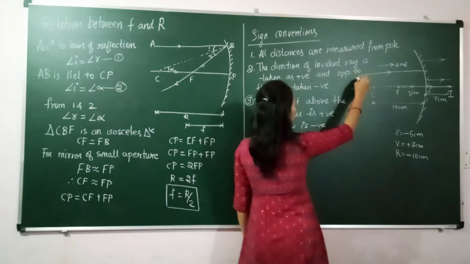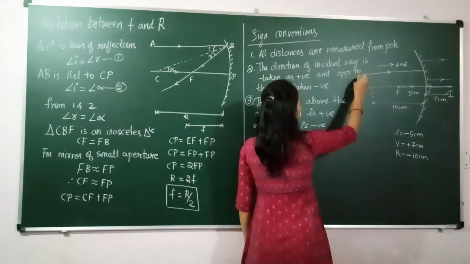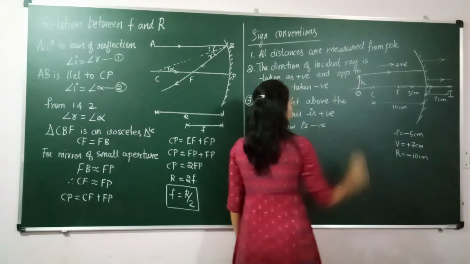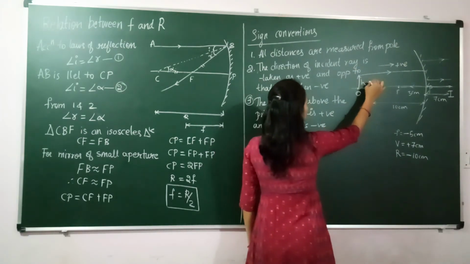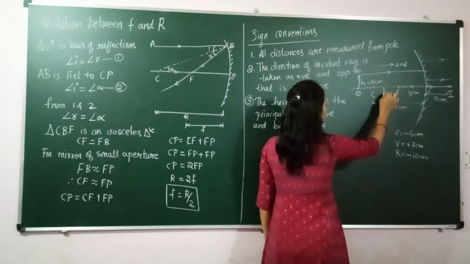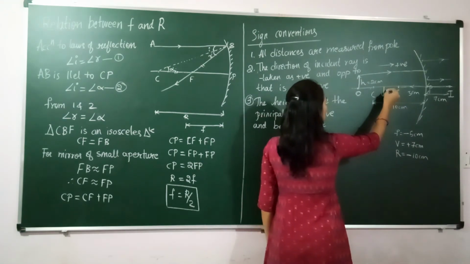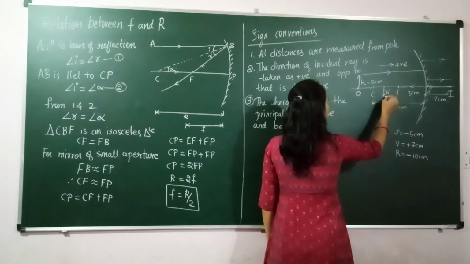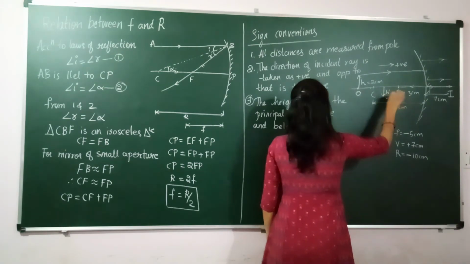For example, see here, if this is the height of the object, we mention it as h, and consider it is 2 centimeter. Somewhere here we are getting the image, the image height is h dash, and this h dash is 1 centimeter.